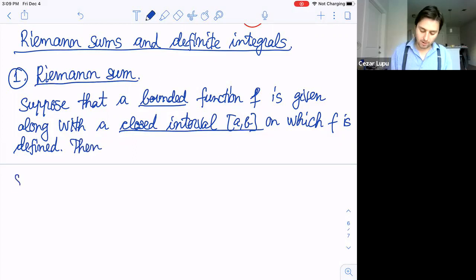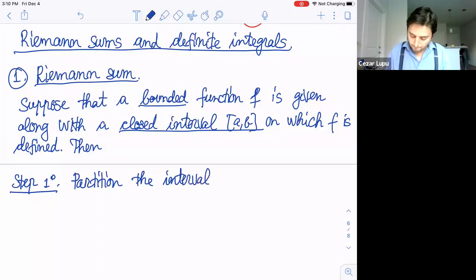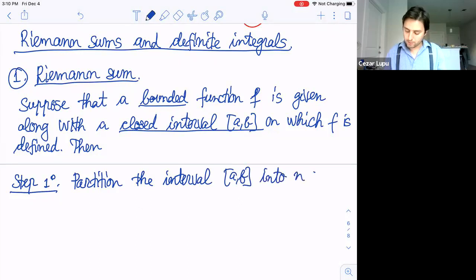Then we have the following, and I'm going to write it like this. Step 1, because there are a bunch of things here that we need to define. What we're going to do is partition the interval AB into n subintervals. Okay, this is important.